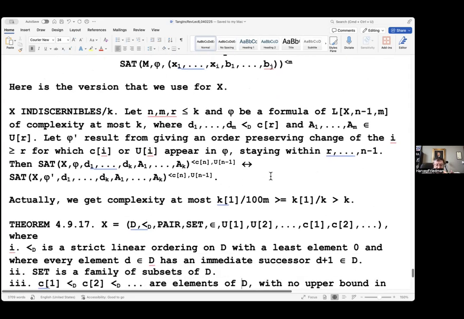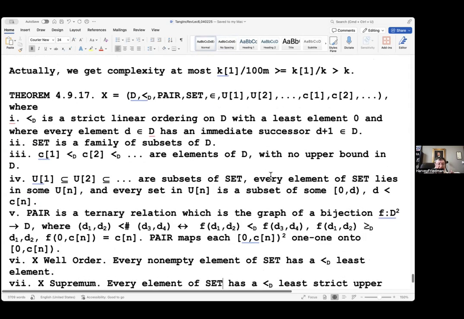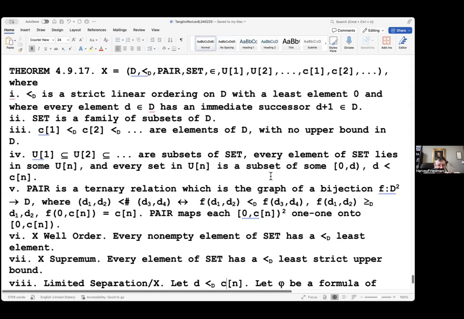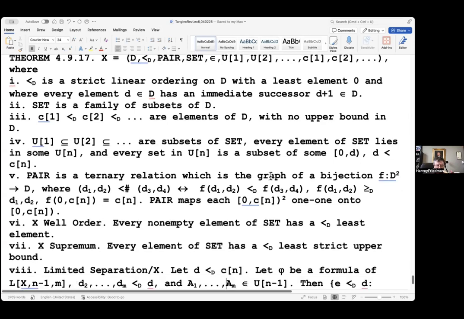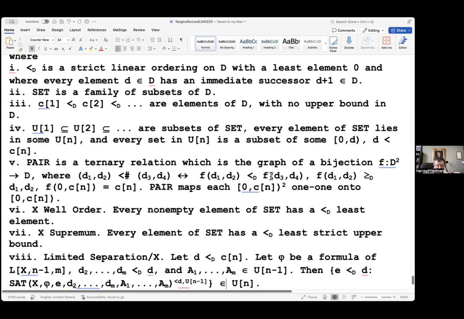And so we wind up with this theorem, which is where we want to be, which is the start of section 4.10, which we did last week. This is just a copy of what we started with. And you see the limited separation.